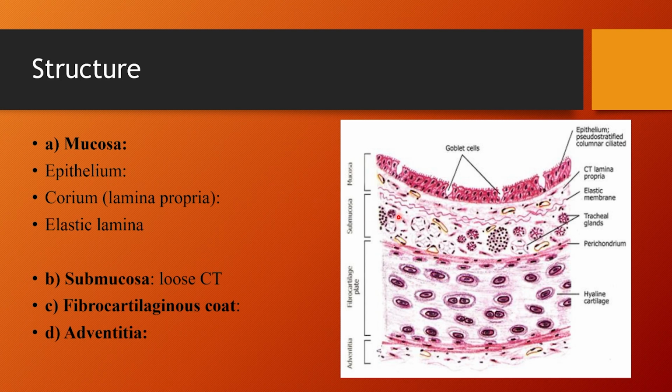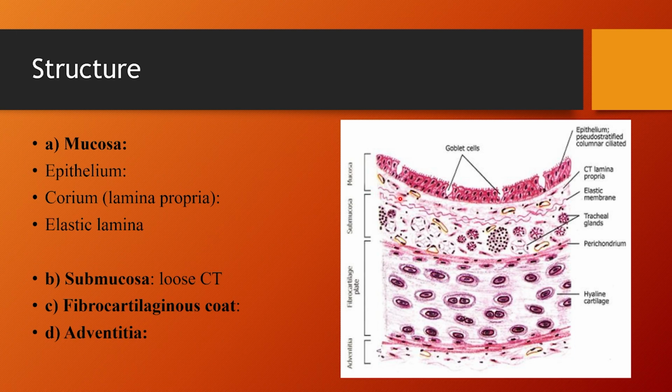The structure of the trachea: it has a mucosa, which is the upper layer. It has an epithelium, the corium, which is the lamina propria, and the elastic lamina, or the elastic membrane right here.